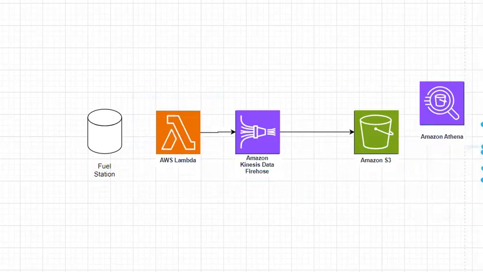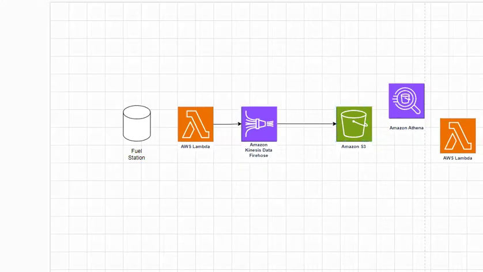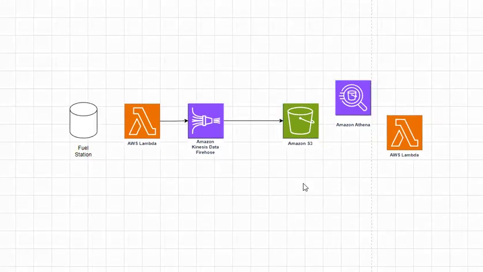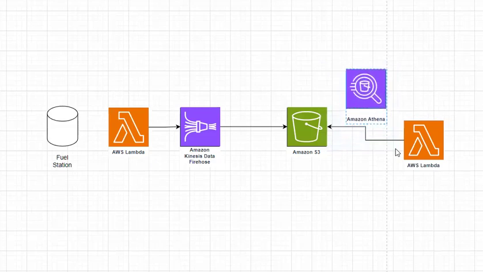In order to query the data present in the S3 that we store, we can query by using one Lambda function code. In this Lambda function code, we write the query, and that query actually executes in Athena only.